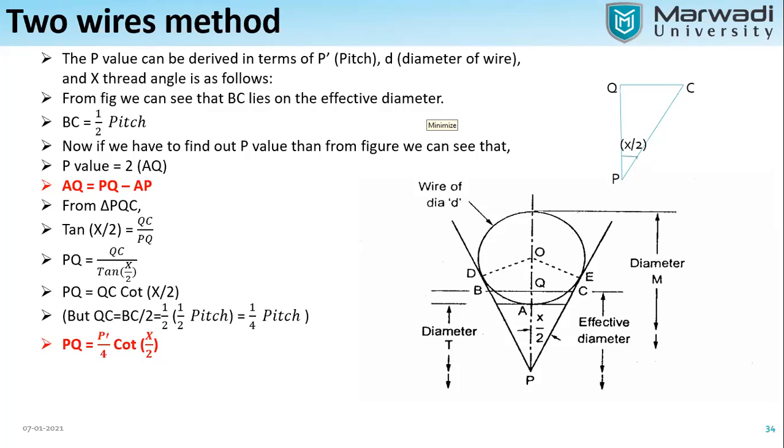Okay, it will be the effective diameter minus AQ. But see, our task is to find out the effective diameter. We don't know it, so how can we use this relation? Whatever procedure we are doing here is for finding the effective diameter. See, focus on the diagram, you will get some hint. Can we use this relation from O to P?